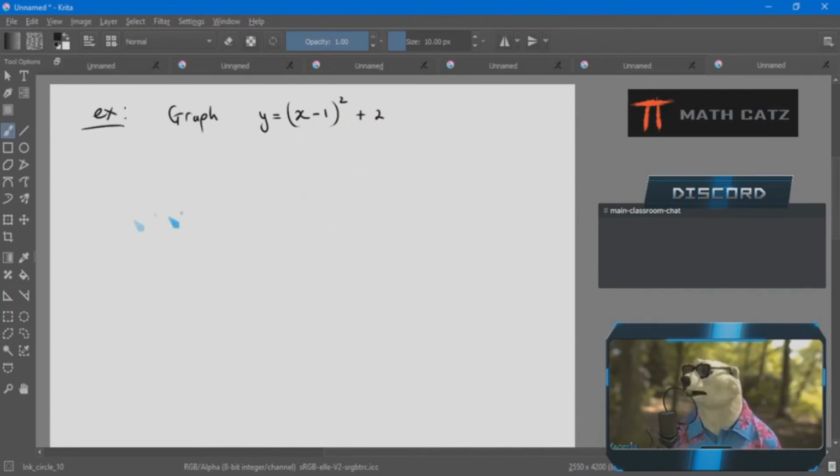Now I'm going to make a chain of transformations. I start with my basic function that this is built on, y equals x squared. That then changes to y equals (x minus 1) squared, where what I'm doing is replacing x with x minus 1.